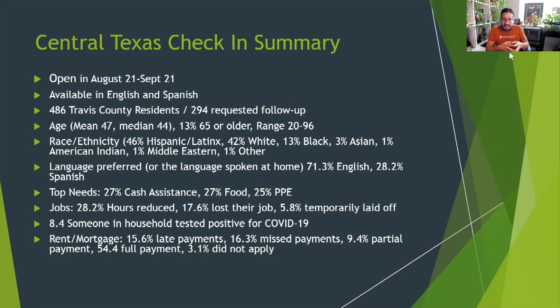You can see the age there was about 47 for the mean. 13% were 65 or older, and we had ages from 90 to 96. 46% of the folks that participated in this survey were Hispanic or Latin, 42% were white, 13% Black, 3% Asian, 1% American Indian, 1% Middle Eastern, and 1% classified as other.